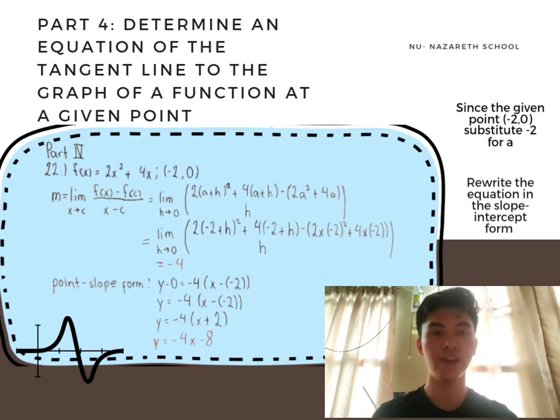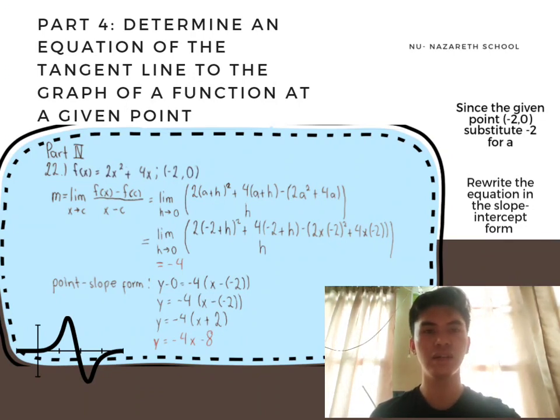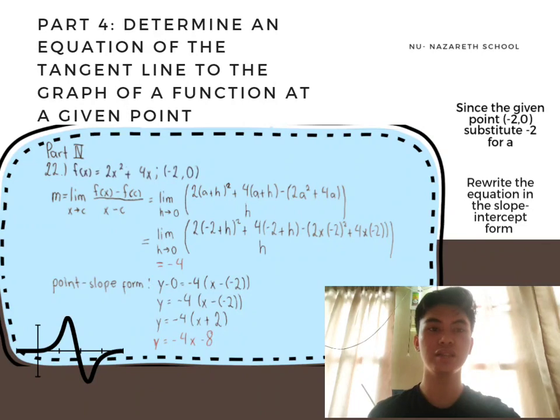So I evaluate the limit and the slope m of the tangent line at negative 2 and 0 is m equals negative 4. And I rewrite the equation in slope-intercept form. So I got the answer, y equals negative 4, x minus a.